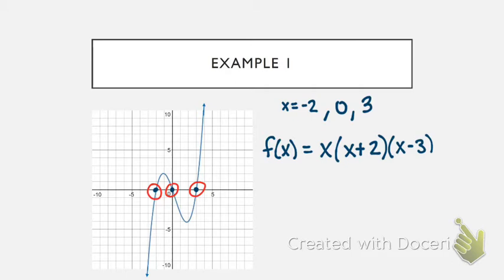The last thing I need to do is determine, do I need a negative sign out front or not, the leading coefficient. And if we recall from video 6.1 and 6.2, to determine if the leading coefficient is positive or negative, we look at the right arrow on the graph. If the right arrow is pointing up, or in the positive direction, the leading coefficient is positive. If the right arrow were pointing down in the negative direction, the leading coefficient would also be negative.